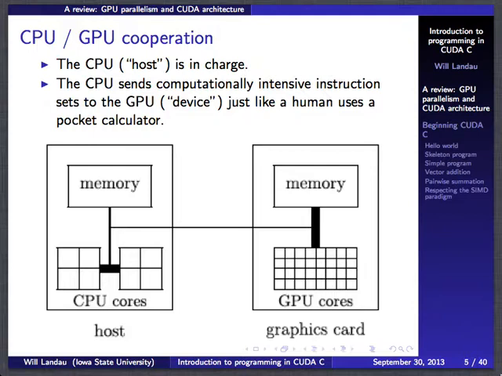But parallel calculations, once we're on the GPU, are going to be a lot faster because there are a lot more cores. And as this thicker line between memory and cores indicates on the GPU side, there's really high memory bandwidth between the on-chip memory and the cores. So once we get there, we can run parallel calculations a lot faster than on the CPU.